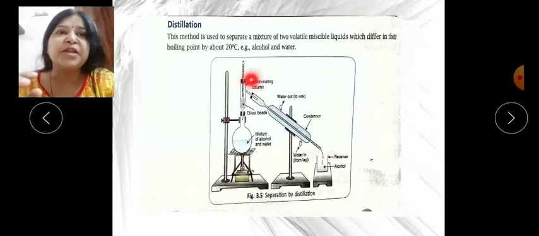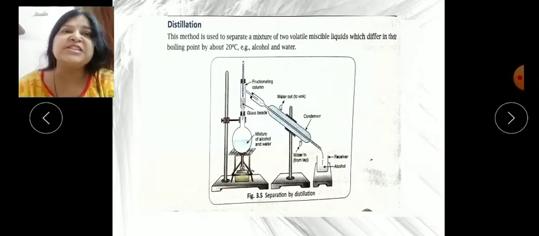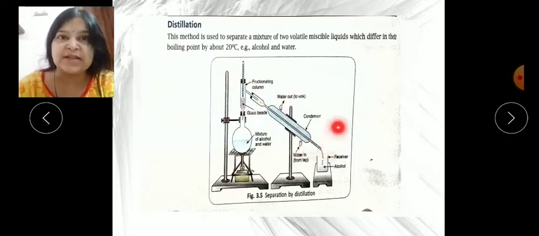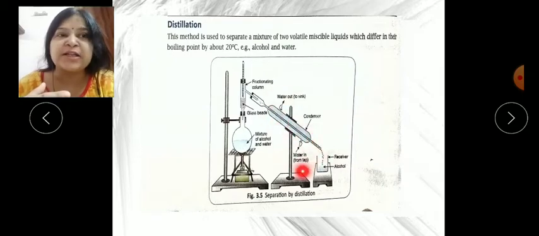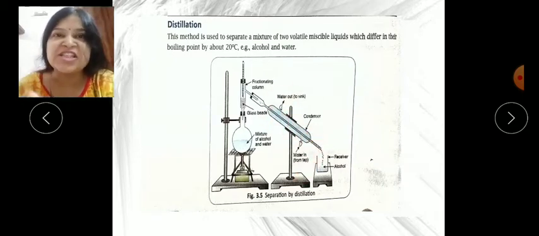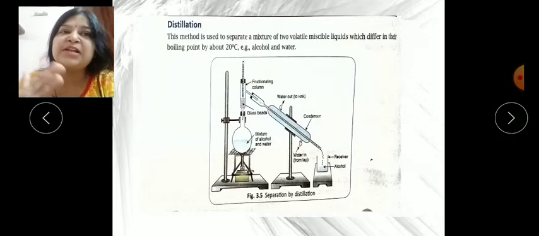When the temperature reaches 100 degrees Celsius, only then will water change its state from liquid to water vapor, which is then collected through this condenser, fitted with a water inlet or water jacket. We provide water throughout the condenser to keep it cool.